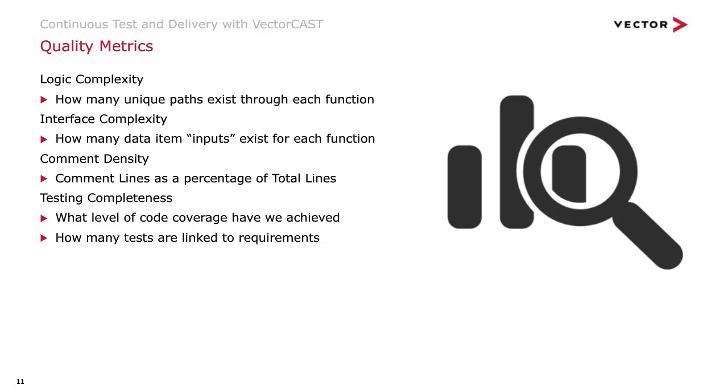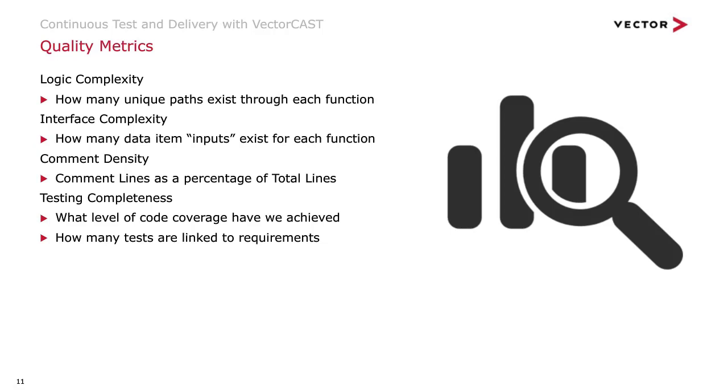And then, one of our favorites, testing completeness. Let's make sure that we've tested at the very minimum all of the code that we have. If we've got large sections of code, or even any section of code, that no test case covers, then what is that code doing? Is that code even necessary to be there in the system? If it's never been tested at all, how can we ensure that the quality of that software is what we expect it to be?